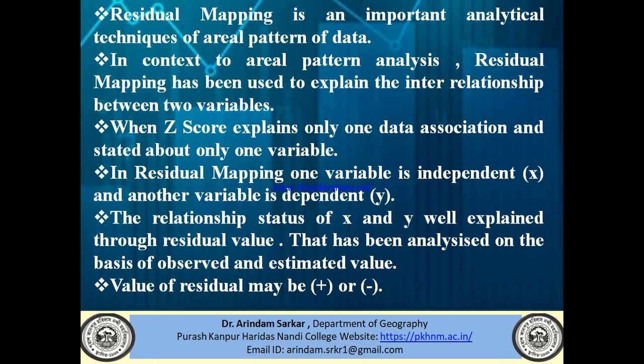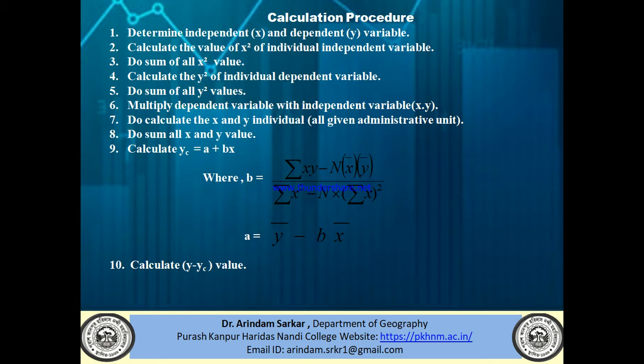The relationship status between x and y is well explained through the residual values that have been analyzed on the basis of the observed and estimated value. The value of residuals may appear as positive or negative.